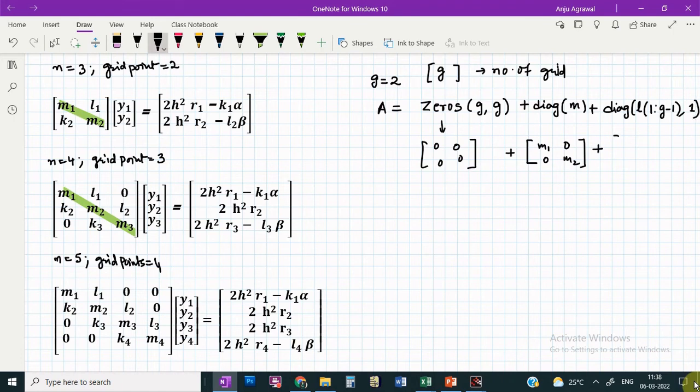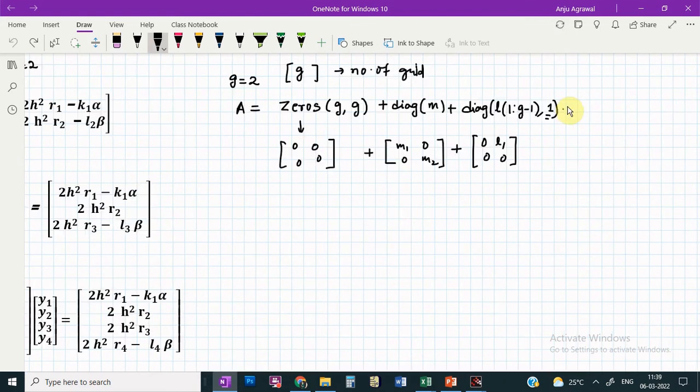So if we do this, then this matrix will be added, because we have used this one subscript. Now, in order to add the lower diagonal elements, we have to use the diagonal function again.